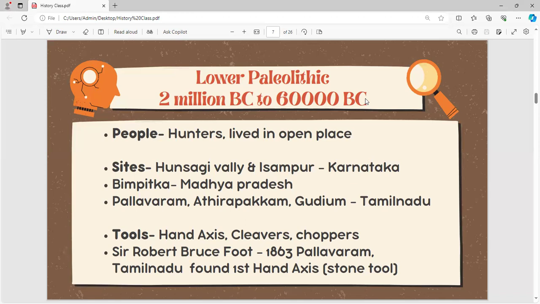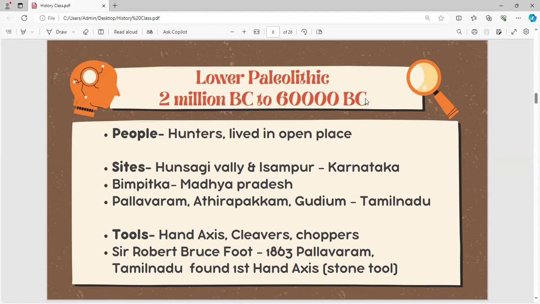Hand axes made of stone, from the Lower Paleolithic period. This is the first evidence we got of the Lower Paleolithic age. So, what is the first Lower Paleolithic tool evidence? It's from 1863, Pallavaram, Tamil Nadu. It's a hand axe.